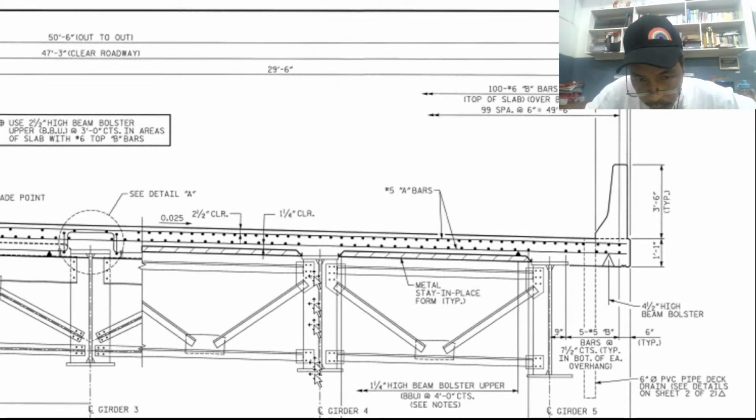This is the center of girder. What is this? This is pointing to what? This is pointing to this part.